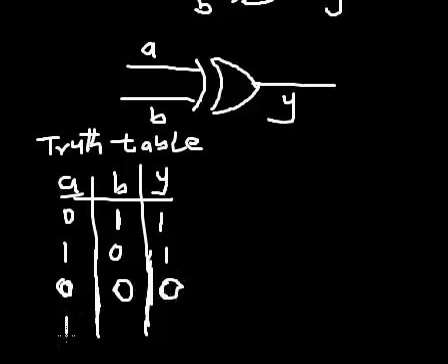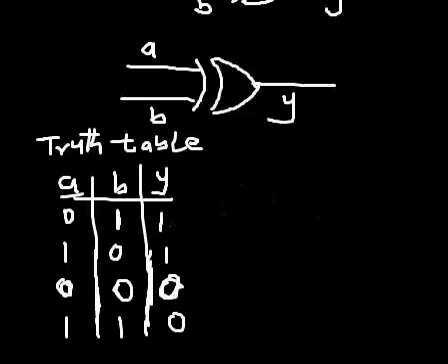Then 1 plus 1, I will still have 0. So this logical addition is exclusive in the sense that when the two inputs are of the same state, it will end up giving you 0, but it will only give you 1 when the two inputs are of different states.